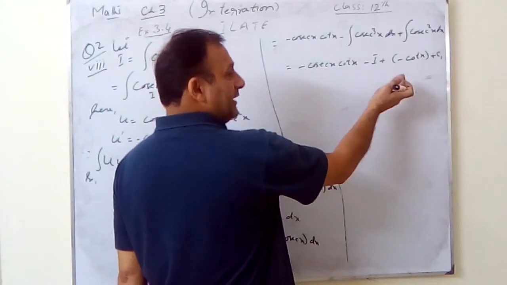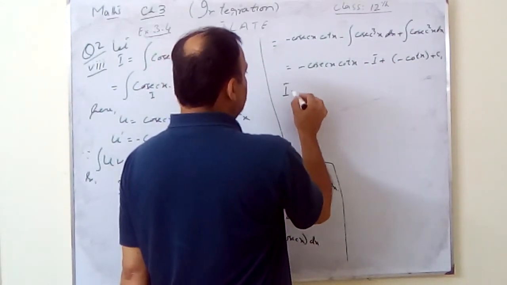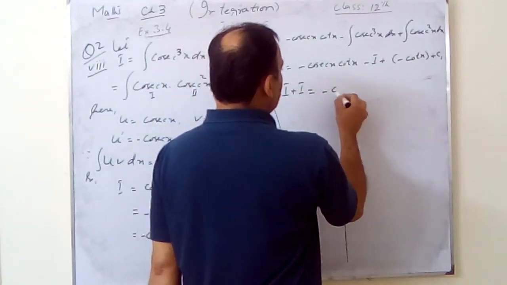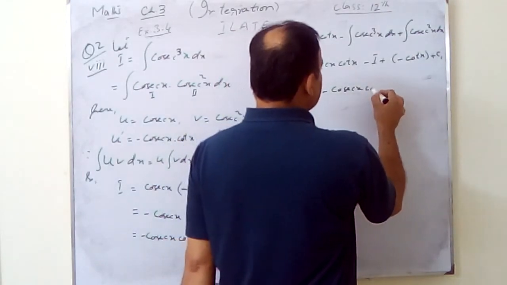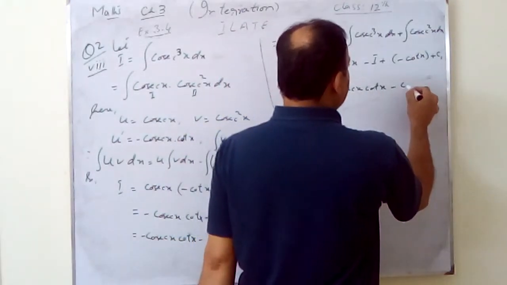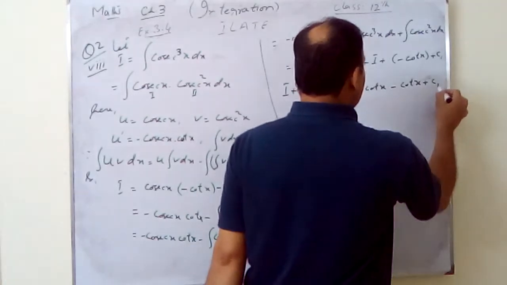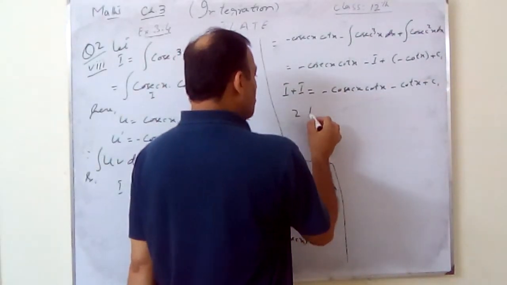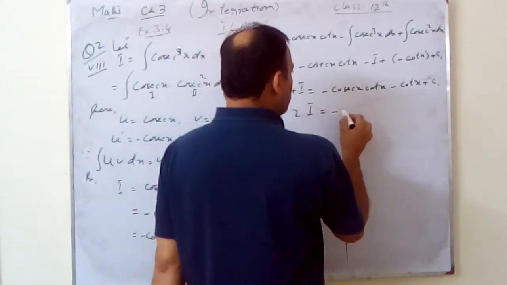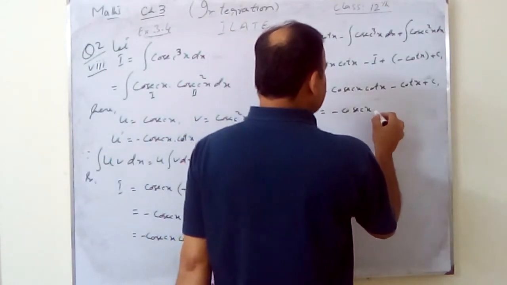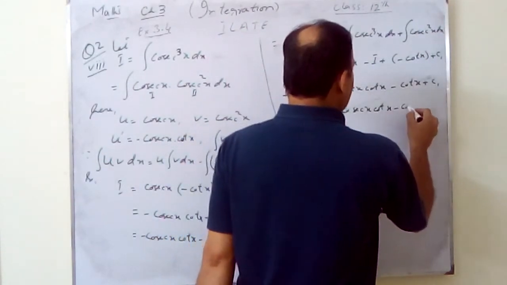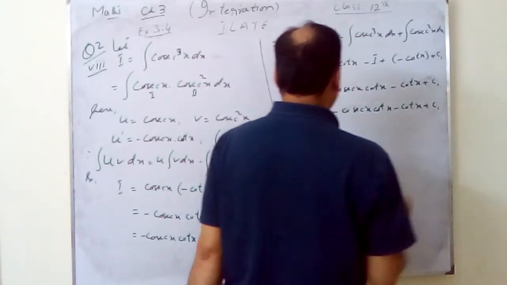Take this I from right to left, so I plus I is equal to minus cosecant x cot x minus cot x plus c1, or 2I is equal to minus cosecant x cot x minus cot x plus c1.